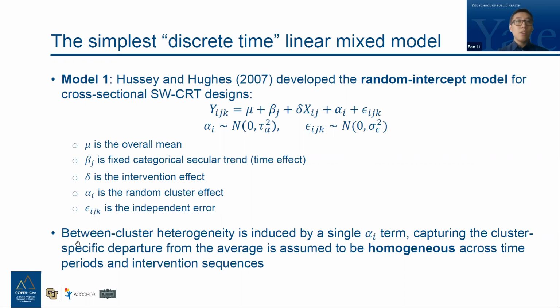In this model, the between cluster heterogeneity is induced by that single alpha i term, the random intercept term, capturing the cluster-specific departure from the average outcome trend, but is assumed to be homogeneous across time periods and intervention sequences.